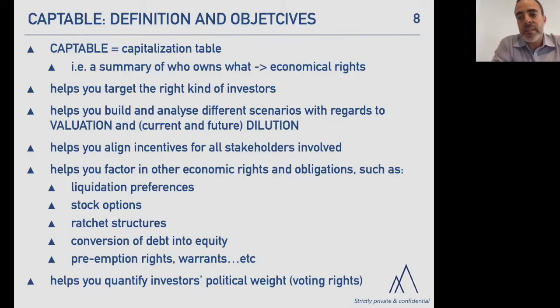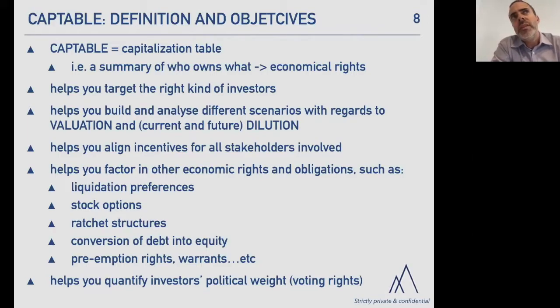So the idea is that if I own 10% of the company and there is a new round, let's say you want to raise 2 million in exchange for 20%. That means that if I don't put any money, there's going to be a 20% dilution for everyone, including my stake.